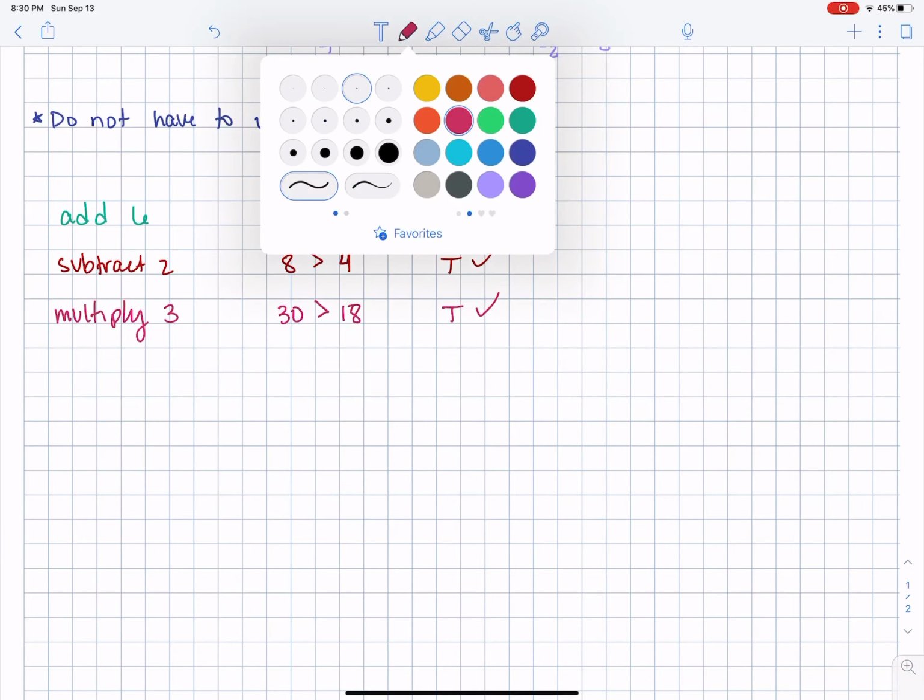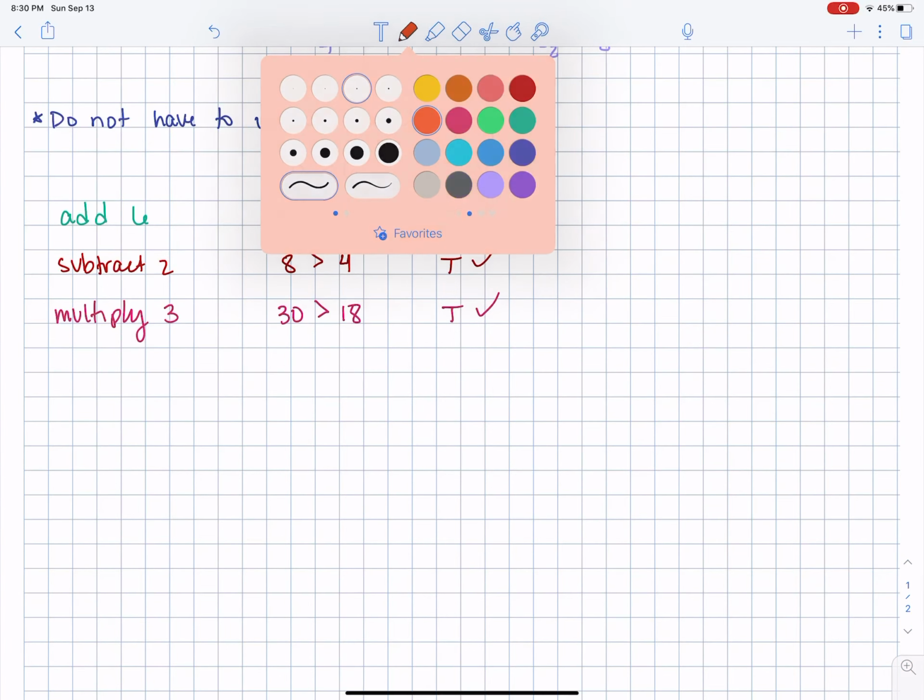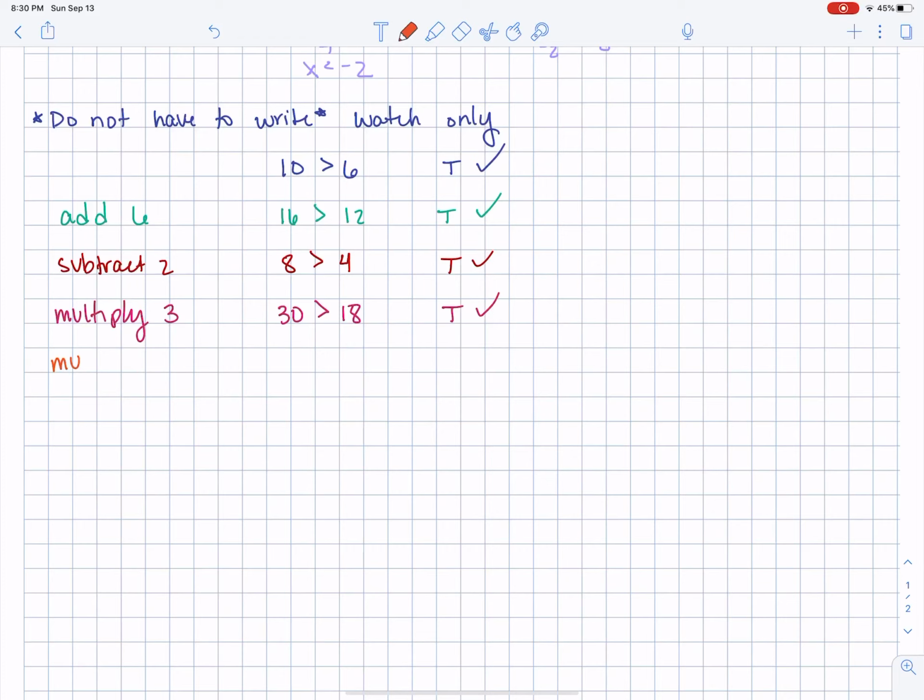Okay, now I'm going to try something different, in orange. I'm going to multiply by a negative 5. Put that in parentheses so you can really see it. So 10 times negative 5, that's negative 50.